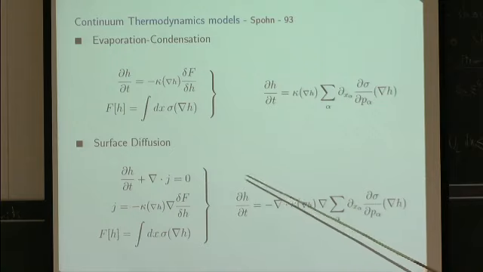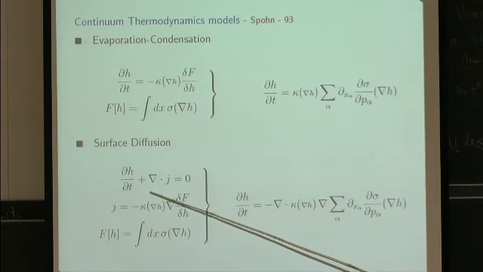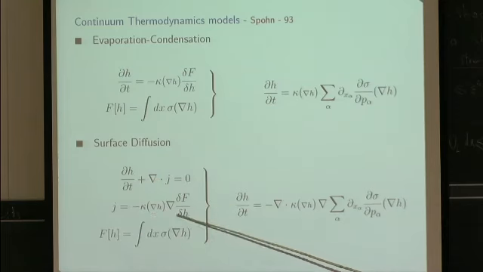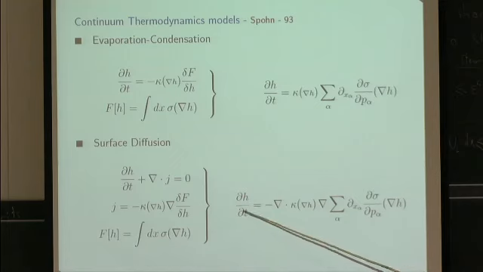For the surface diffusion process, the model is that you have conservation of mass for the surface height relative to a surface flux, and then the flux is moving by the gradient of the derivative of a functional, and this would give you a fourth order equation if you carry out the equations.